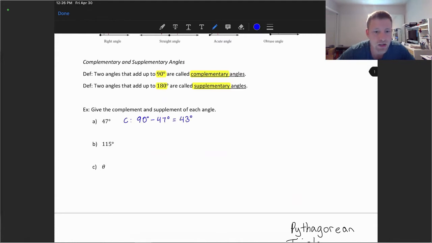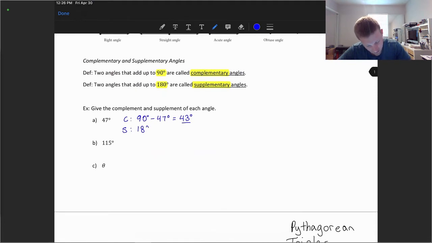That would be the complement of a 47-degree angle. We can consider the supplement of that same angle. We'll call that S. We would like to add up to 180. In other words, 180 subtract our angle would give us our supplement. That would end up being 133.